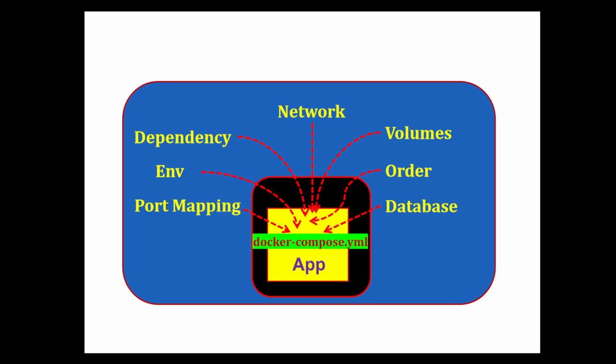For a particular service, we mention the service, its build context or port mapping, and if it has any dependency, environment and volumes, all these things we mention in this Docker Compose YAML. As many services as we have, that many microservice definitions we mention in this docker-compose.yml file.